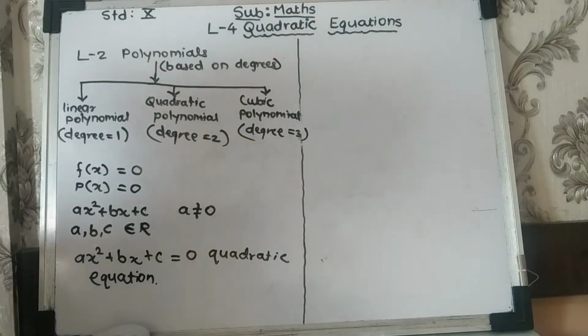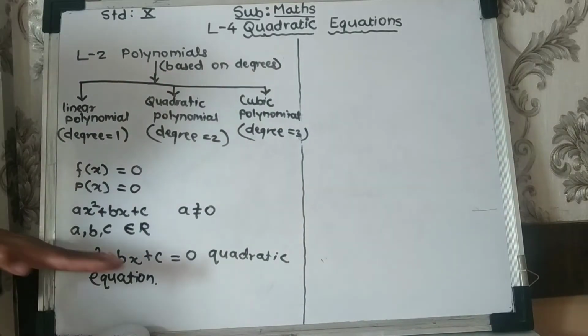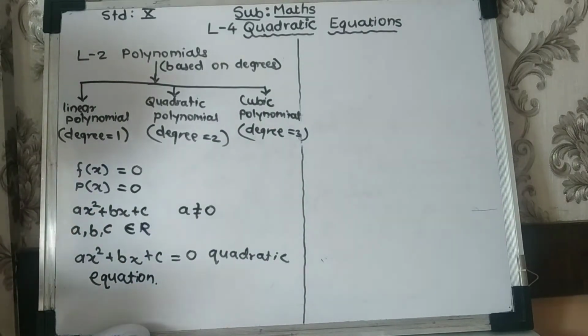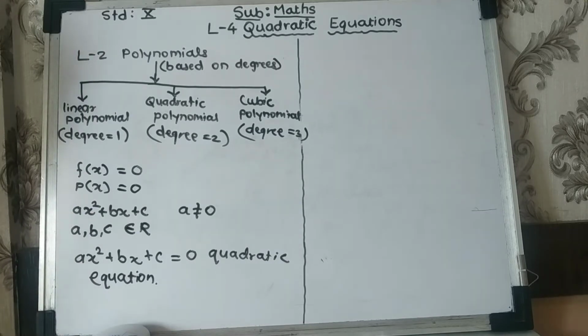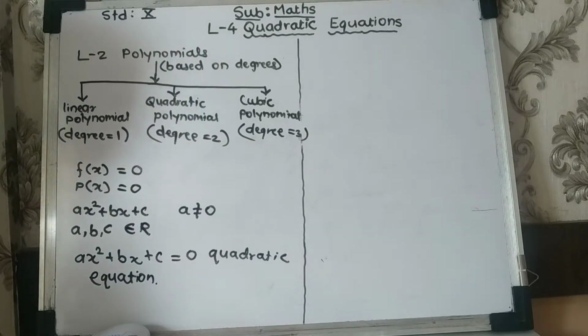Got it? So this is how a polynomial is converted into an equation. Whenever the polynomial equals 0, such a polynomial is called an equation.